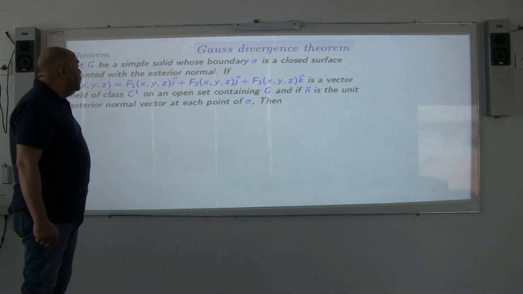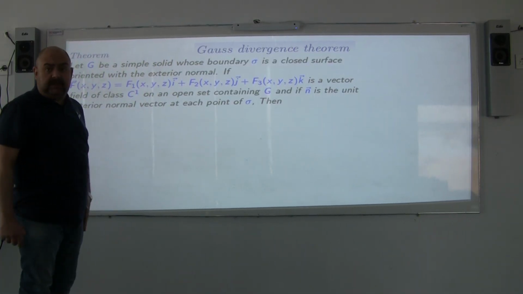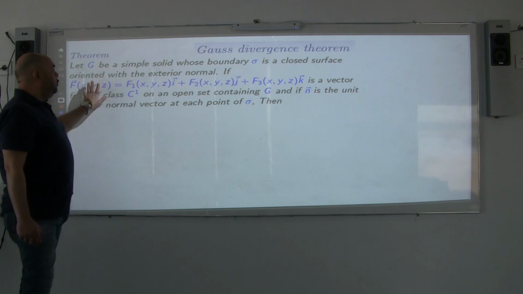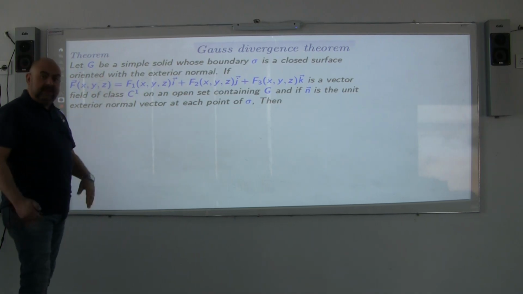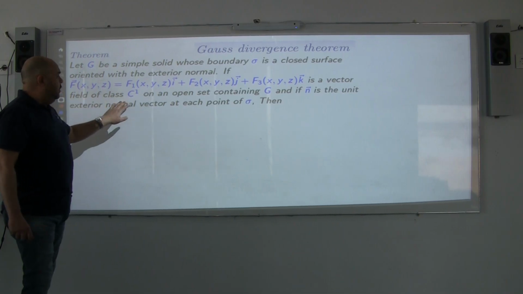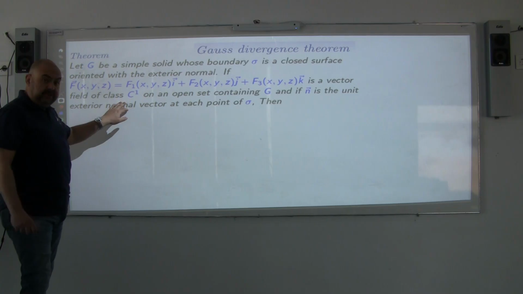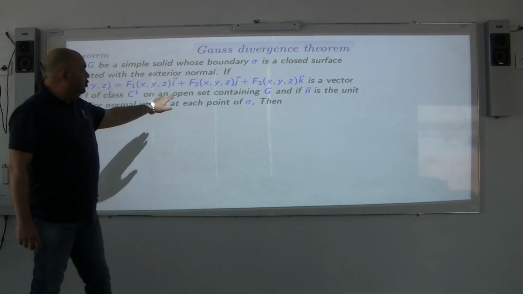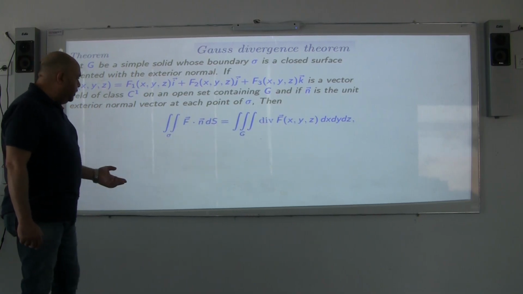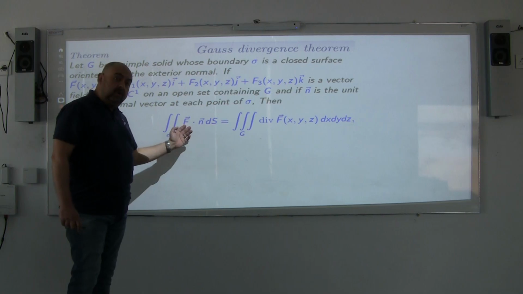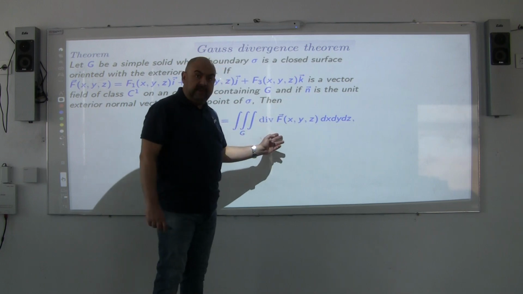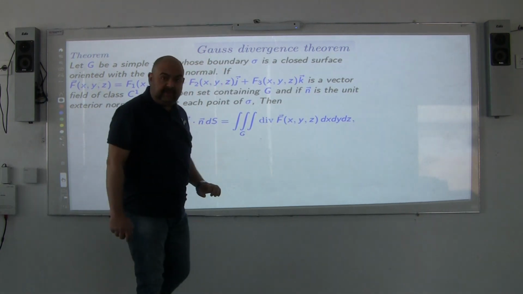Okay, the Gauss divergence theorem is also a really very important slide, and a very important part of the surface integration. If you have the vector field given by three components in 3D, all of them C1 class functions, which means differentiable with at least the first derivative, and N is the unit vector exterior to the surface, it's really very simple: instead of doing the surface integration, we can do a triple integration of the divergence of F. And if you remember, the divergence of the vector field is very simple.